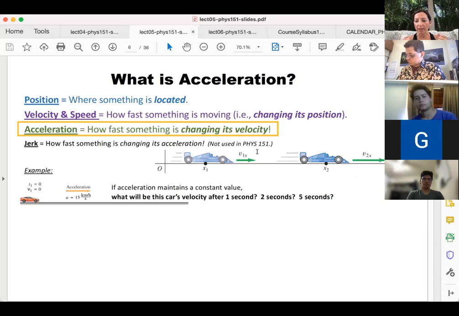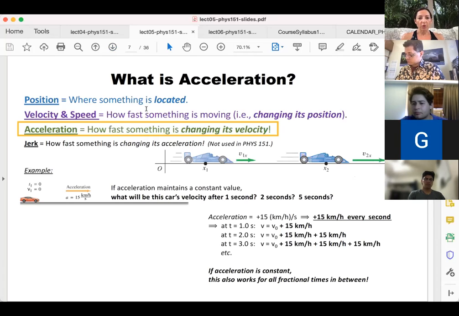When you are in your car, if you push the accelerator, you are going to see the velocity change. Or if you decelerate, the velocity is going to decrease. So when you push the pedals, either to accelerate or to decrease your velocity, you are actually applying an acceleration. So, how fast something is changing its velocity.